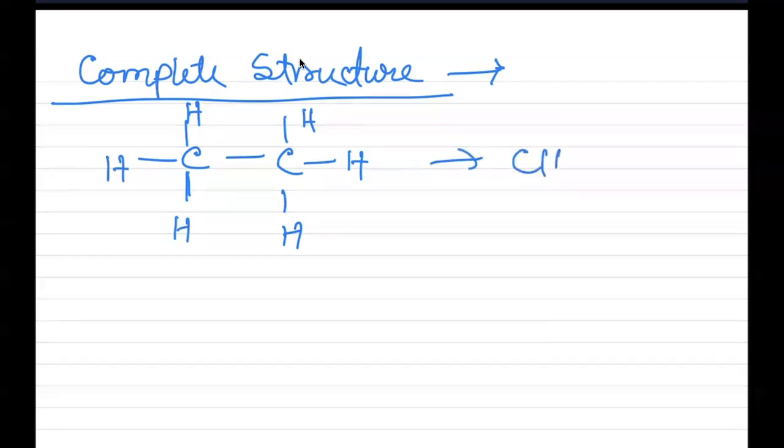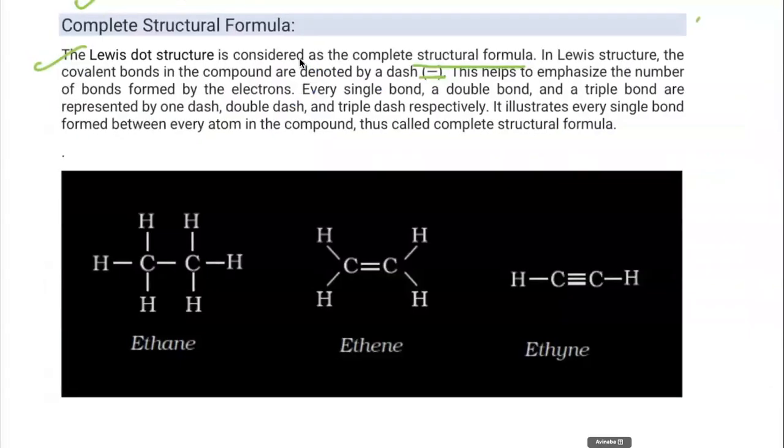This is CH3, CH3, which means ethane. So this is the complete structure. This helps to emphasize the number of bonds formed by the electrons. So from the complete structure we can understand the number of bonds formed by the electrons.